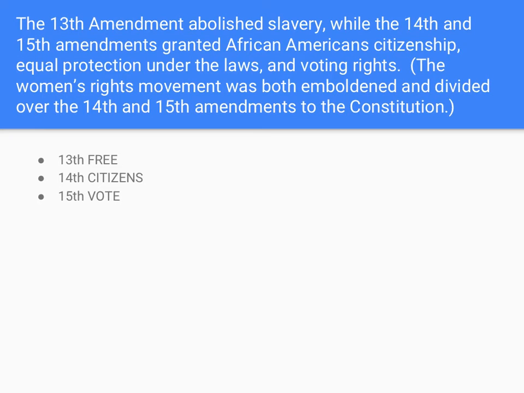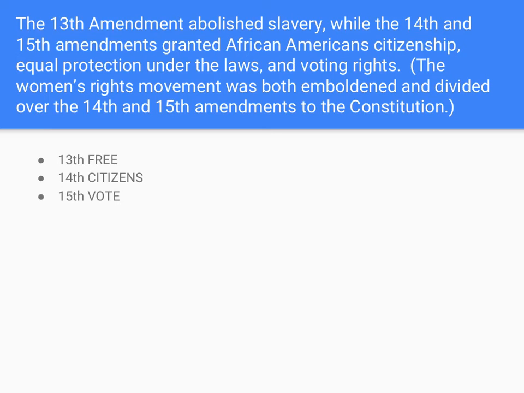The 13th Amendment abolished slavery, while the 14th and 15th Amendments granted African Americans citizenship, equal protection under the laws, and voting rights. This led to a split in the women's rights movement, which was both emboldened and divided over the 14th and 15th Amendments to the Constitution, because the 15th Amendment particularly gave men suffrage, but did not address women's suffrage.